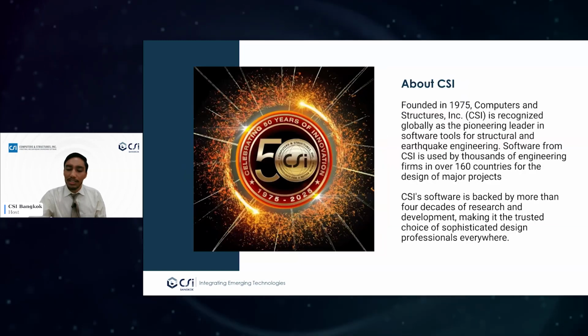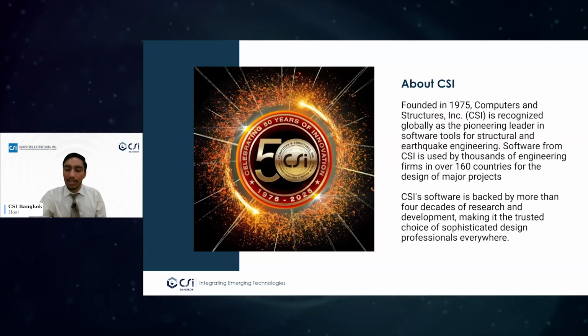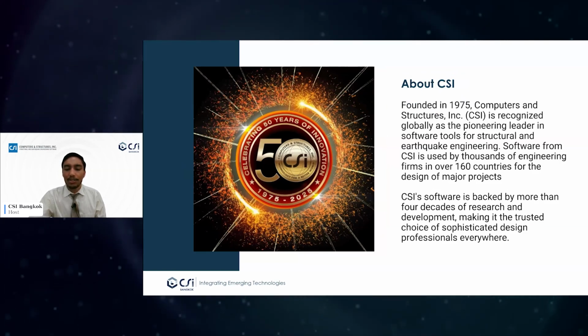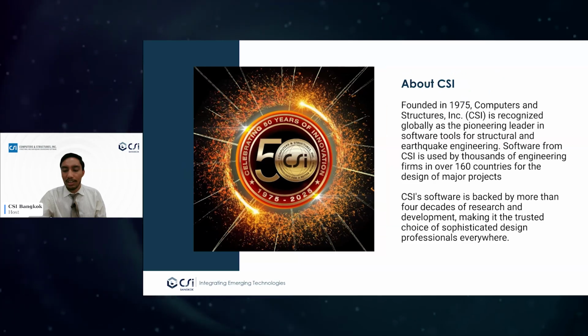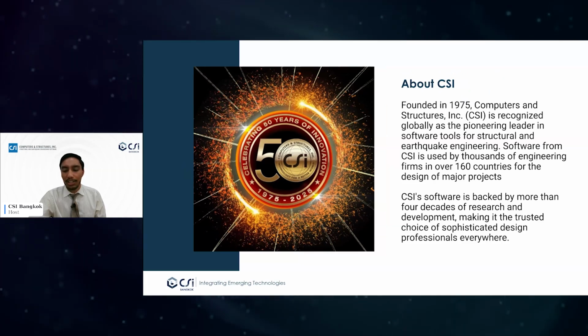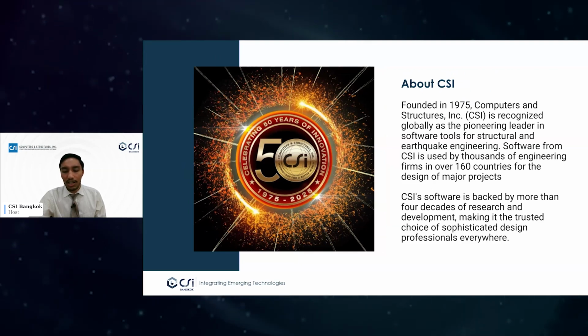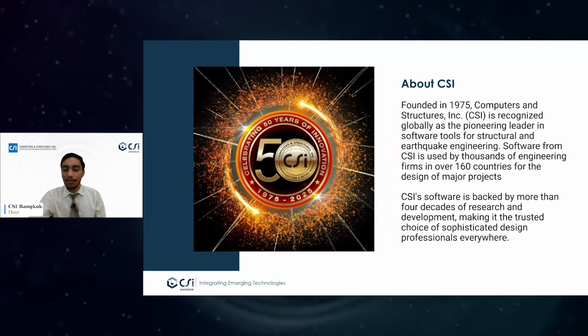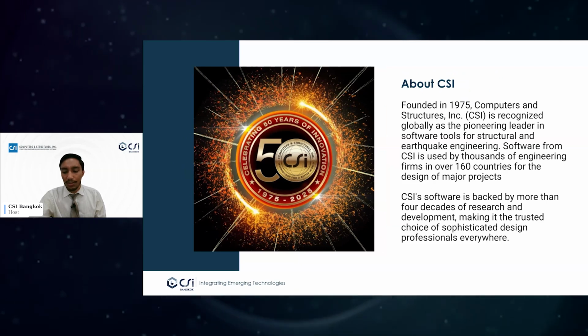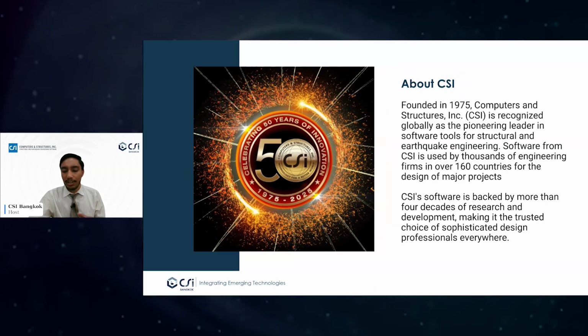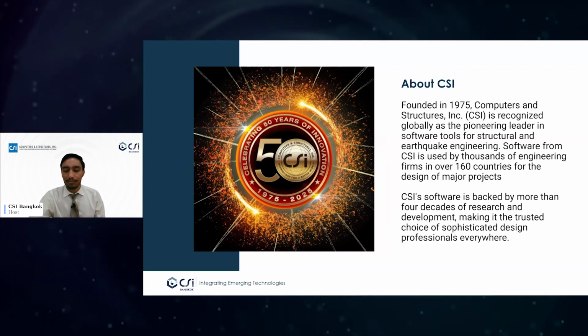CSI Bangkok is an affiliate of Computers and Structures Incorporated, commonly known as CSI, the key software development company in the field of structural and earthquake engineering since 1975. About 160 countries and thousands of engineering firms use their software. Recently, they celebrated their 50th anniversary, and these events are part of that.